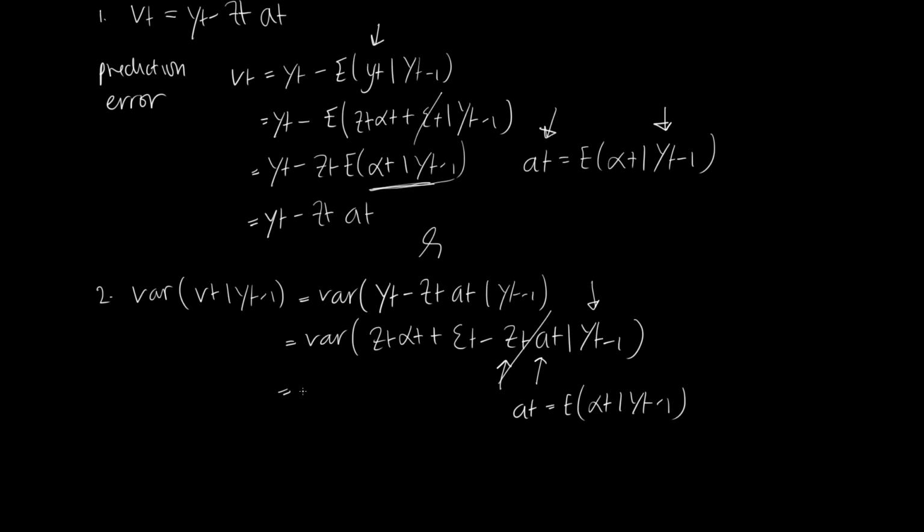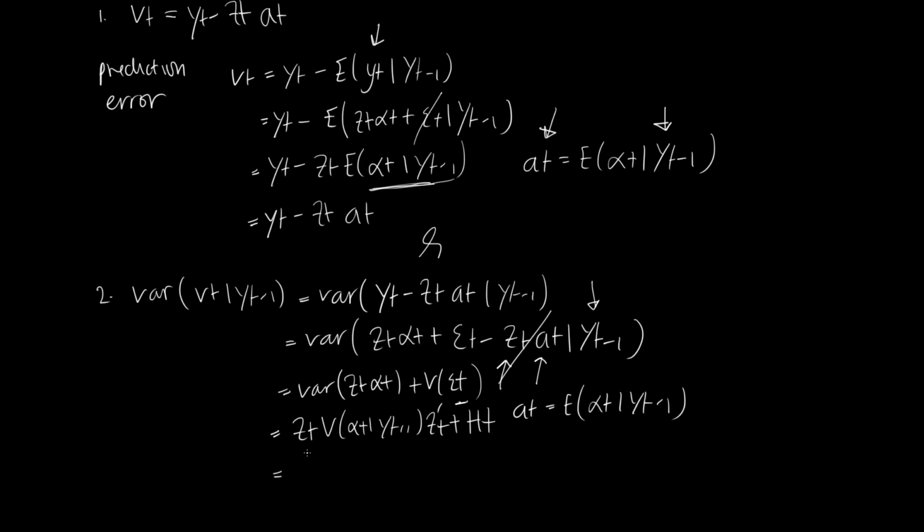This means we get the variance of Z_t alpha_t plus the variance of epsilon_t, plus some covariances, but they are 0. Hence we find Z_t times the variance of alpha_t given y_{t-1} times Z_t' plus H_t, where H_t is the variance of epsilon_t.